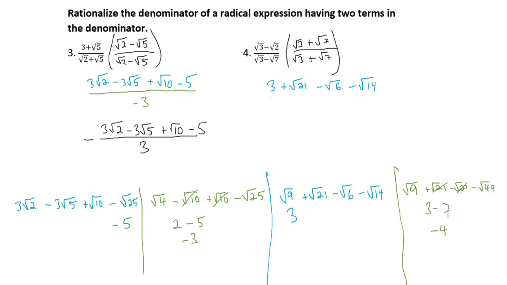And we're going to divide by that negative 4. Typically with math, we don't want that negative in the denominator, so we would kick it out in front. And we'd have 3 plus square root of 21 minus square root of 6 minus square root of 14 as our solution.